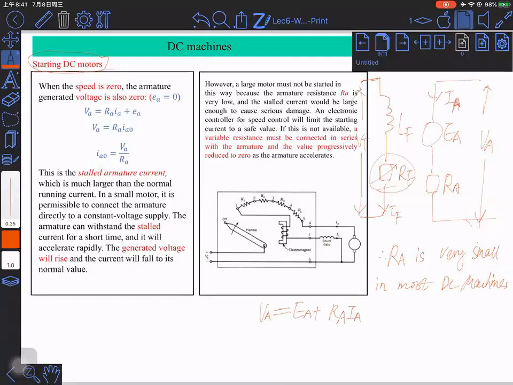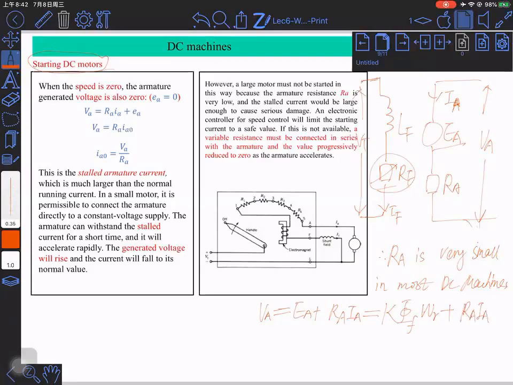Okay, IA is here. And now, what is EA? EA is the induced electromotive force, equivalent to the machine construction constant times the flux times the speed. Times IA, it's going to be the torque, plus RA IA squared.